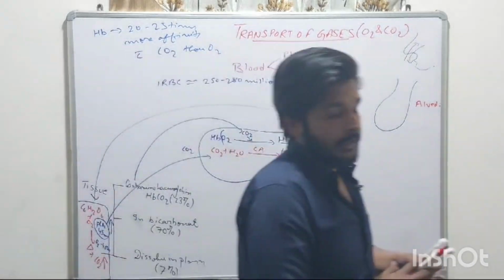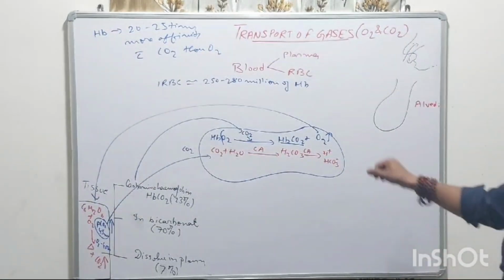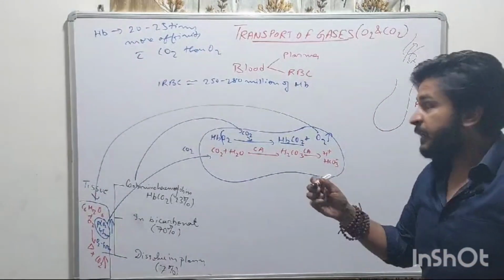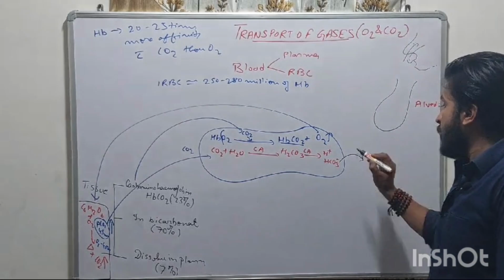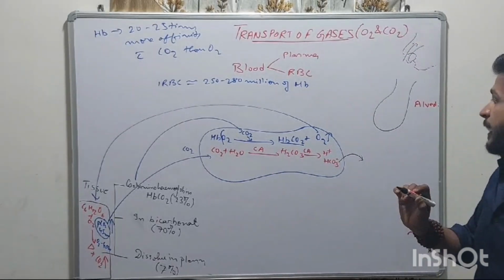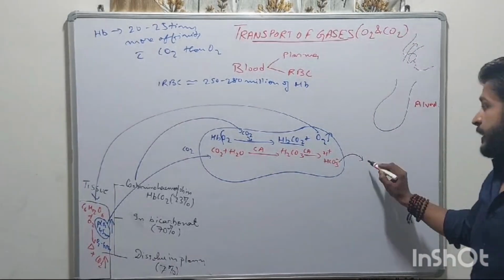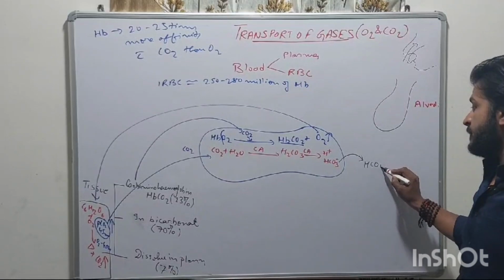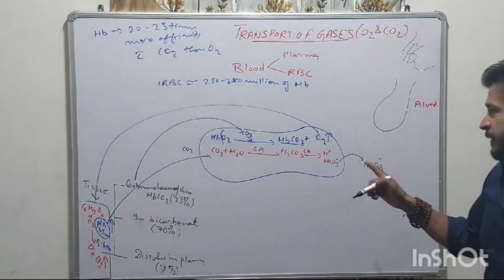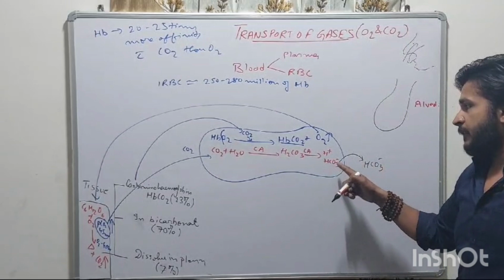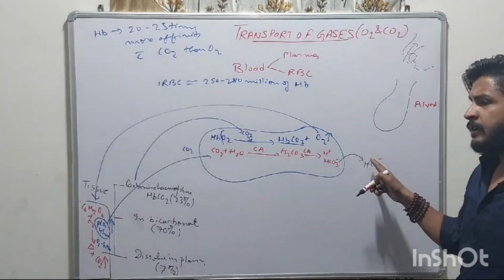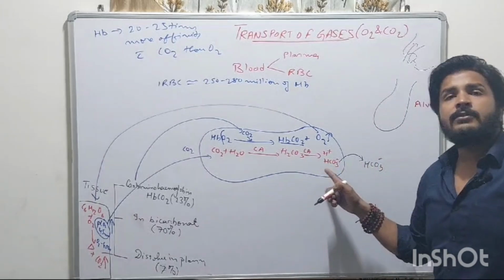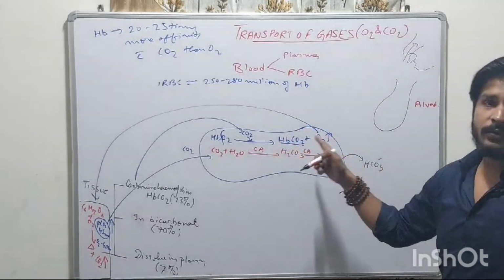Now let's see one thing. The membrane of the RBC is permeable to this bicarbonate ion, and it will move into the plasma part. The HCO3 will be released into the plasma. But if a negative charge leaves a particular membrane, there will be a difference in the neutrality of the RBC as a whole.